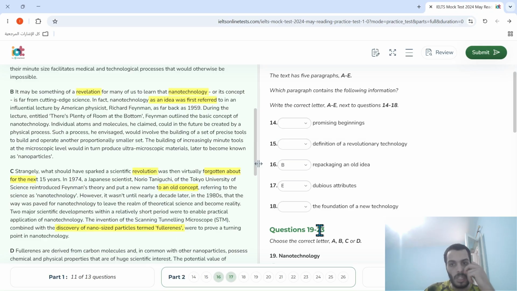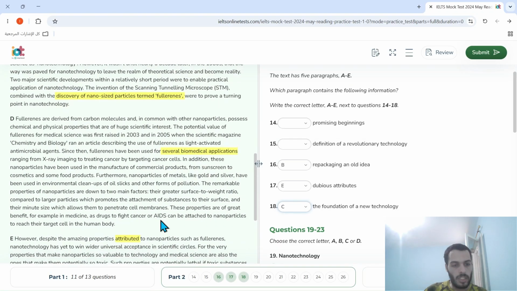So this is not the definition of revolutionary, of a revolutionary implementation of a new technology. This is C, A, B, C, D, A, D, A, D. Revolutionary technology.